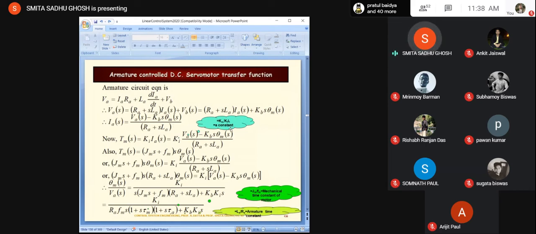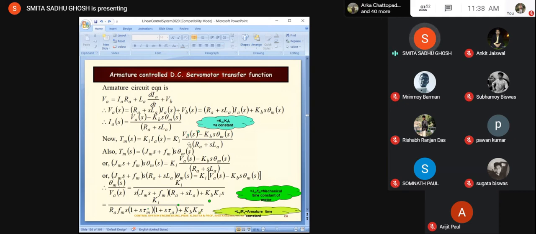Now again, if you recollect the torque, we have not written it for this, we had written it for the field control servo motor, but the mechanical torque developed will again be equal to Jm into the double derivative of theta m plus Fm into the single derivative of theta m, which brings us to this Laplace transformed equation, that is Tm(s) is equal to (Jm s plus Fm) whole into s theta m(s).